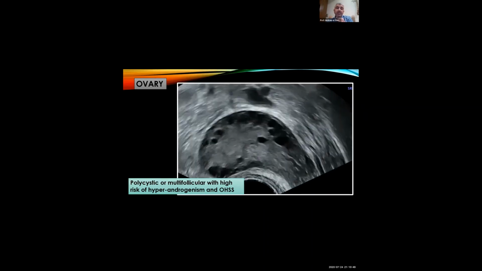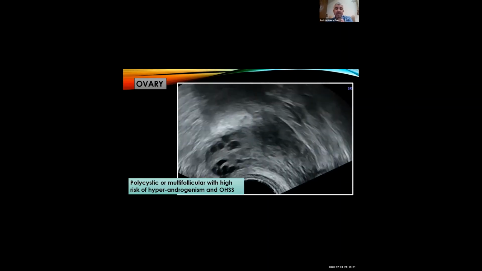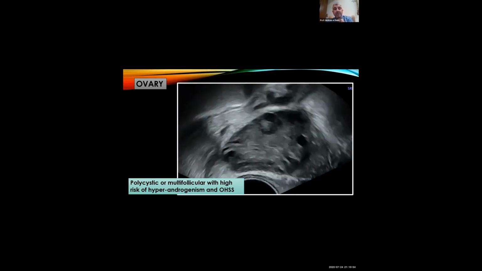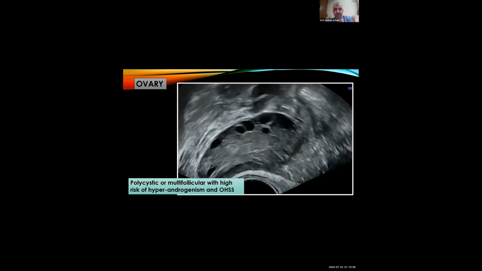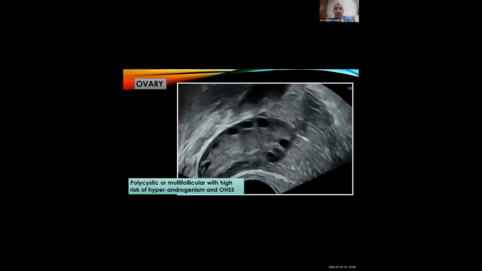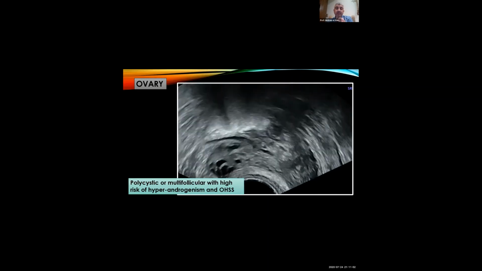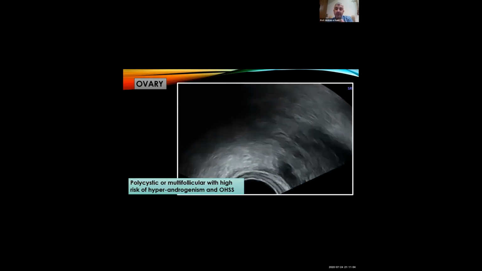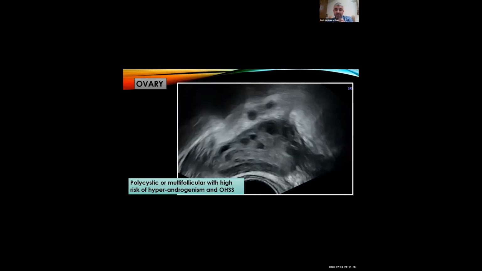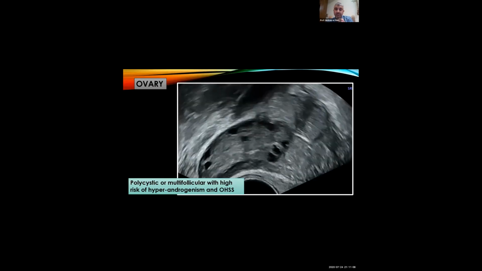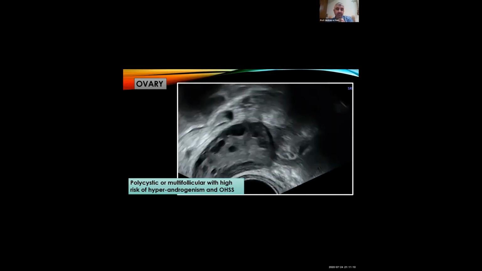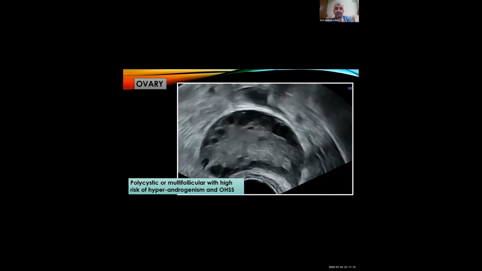And the criteria was that if you see more than 10 of these follicles, then there is a problem. Now, of course, it has increased up to 20 to 25 follicles. After that, you would say that this is a polycystic ovary, having a high risk of development of hyperandrogenism and a high risk of development of ovarian hyperstimulation syndrome with induction of ovulation, and a very thick stroma.